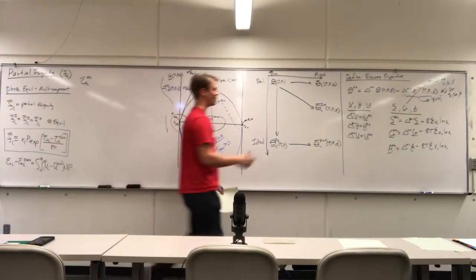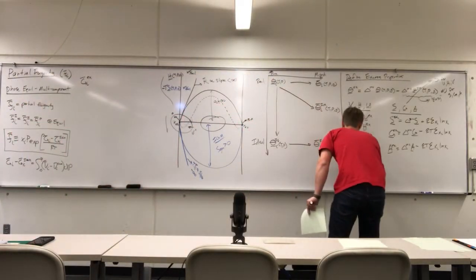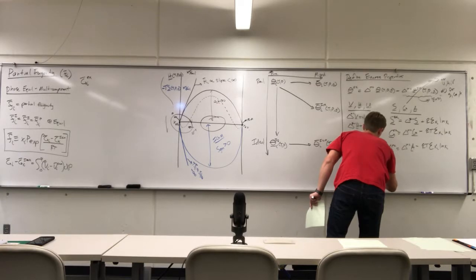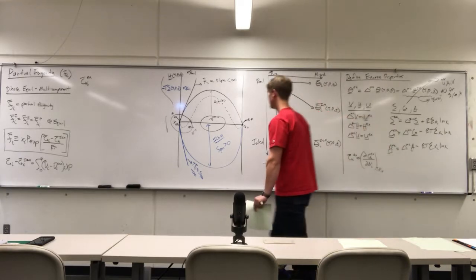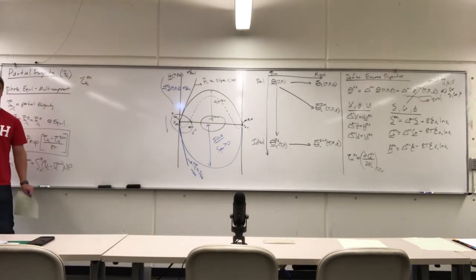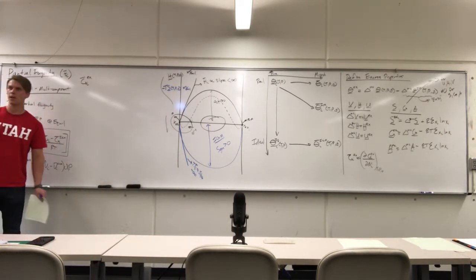So effectively what we're doing here is defining the partial excess Gibbs as taking the partial derivative of the excess Gibbs with respect to changing the composition a little bit, because that's the only thing we care about.